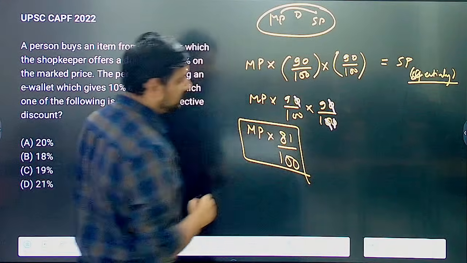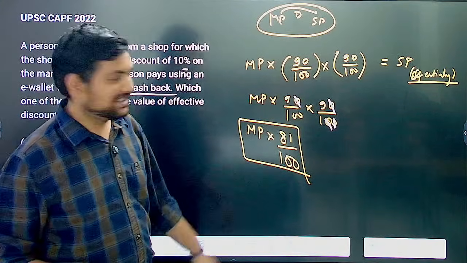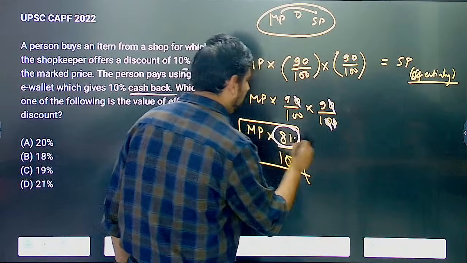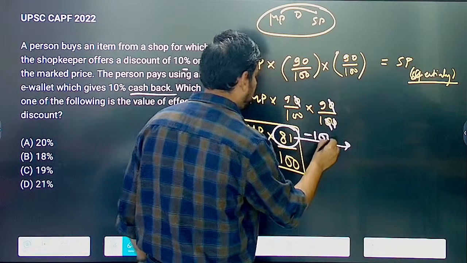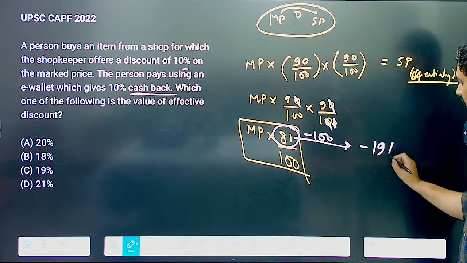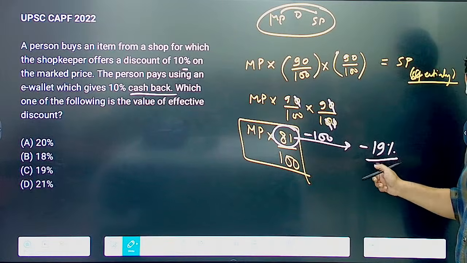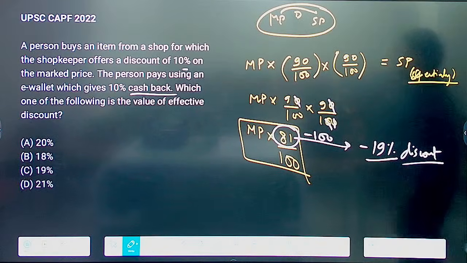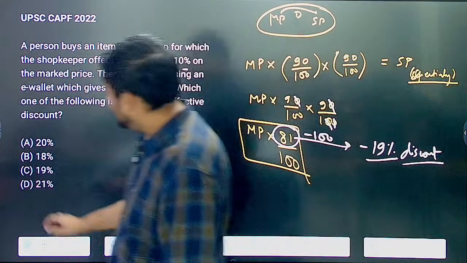Once you get it like this, this changes because of discount. So what you have to do, you subtract 100 from this. 81 minus 100, what you got? Minus 19%. Why did you get minus? Because this is a discount, or it is reducing the price.